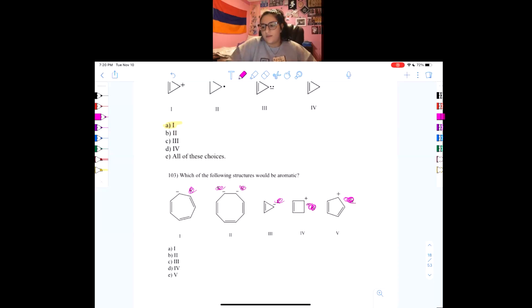So I want you guys to work this out on your own. But if you look at the examples we've done already, you've probably worked out all of these already, and you know that the answer will be B. And the reason is we have 10 pi electrons here, and that would mean that this will choose to be planar and it will choose to be aromatic.